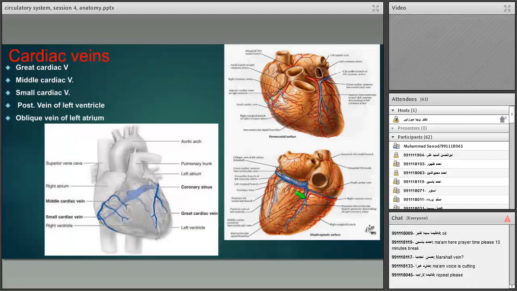The small and middle cardiac veins will be connected to the end part of the coronary sinus. And all of this blood of the heart will be drained into the right atrium. It has a valve with the name of Tebesius.